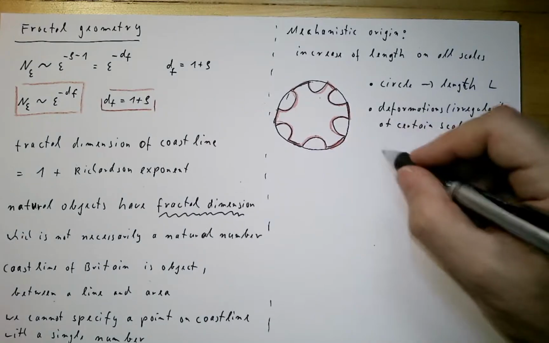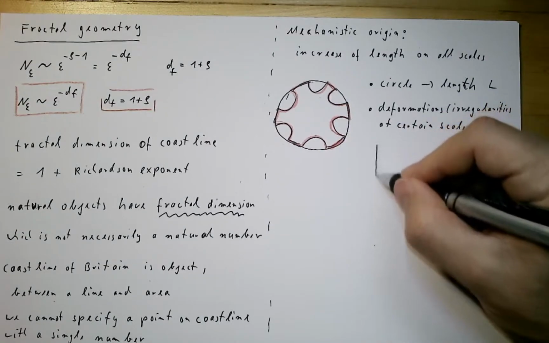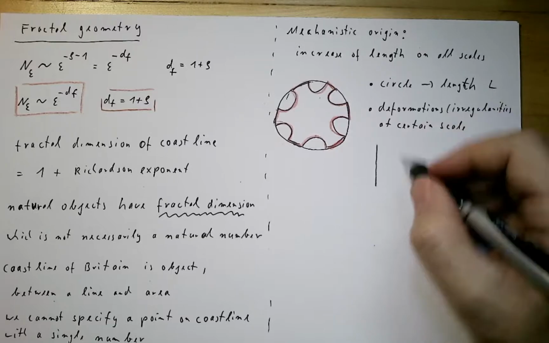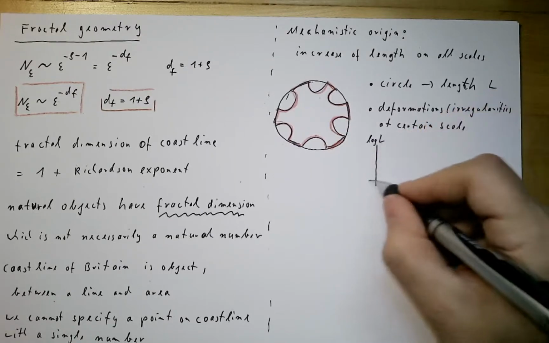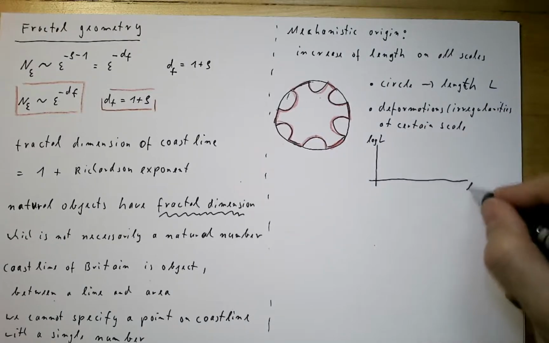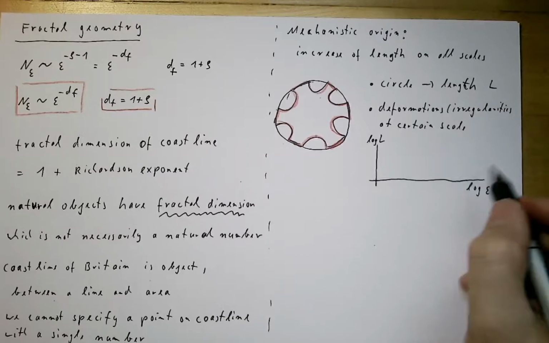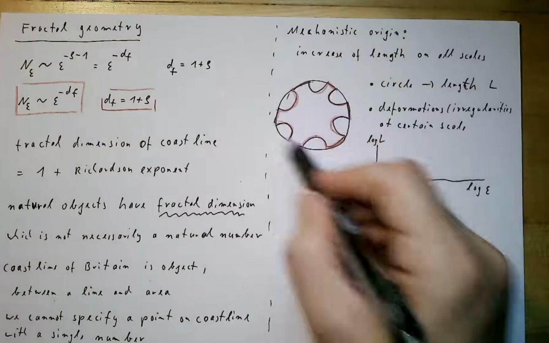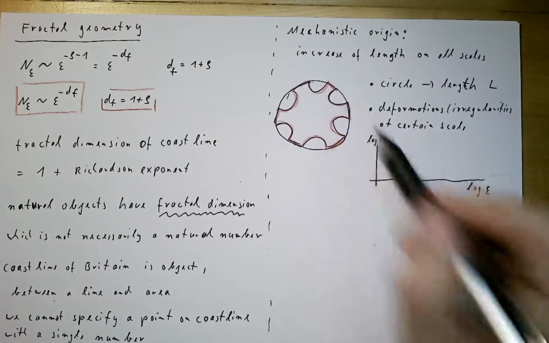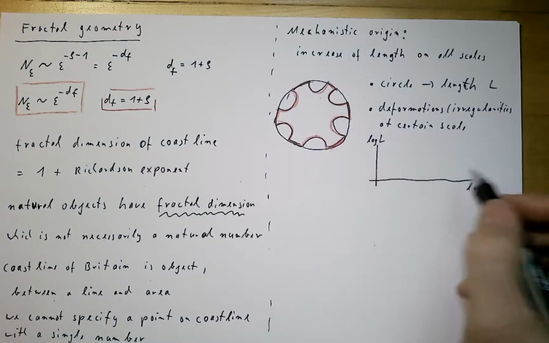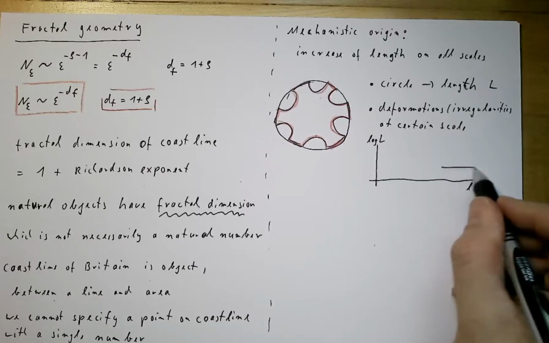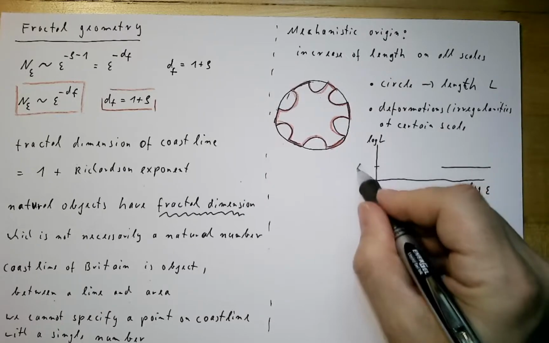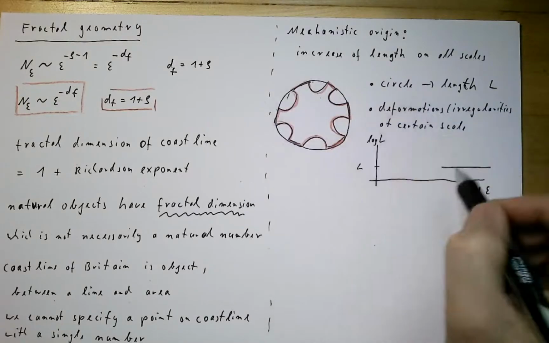So if we now plot the length of our object, log L, as a function of log epsilon, then we would see, at a large scale, that's of course a normal object, the black and the red line here, and they have a constant length. When we have a large scale, we measure here the typical length, that would be L, the length of the circle.